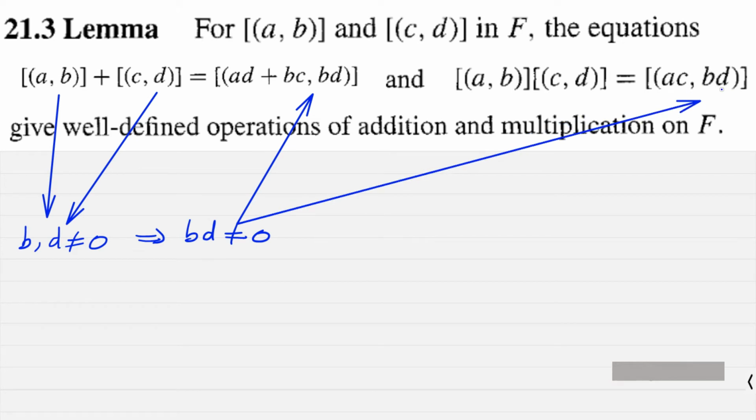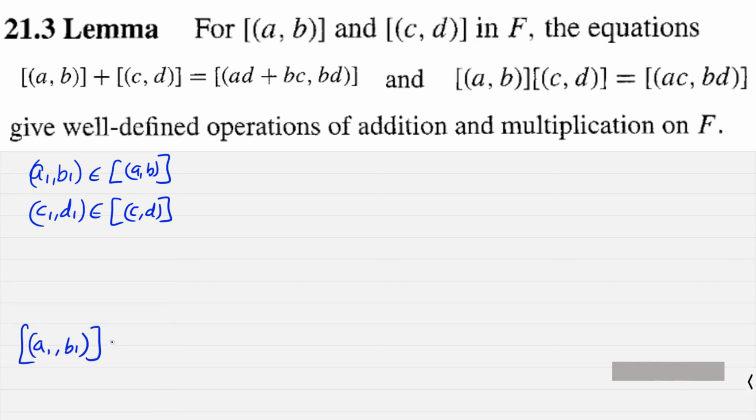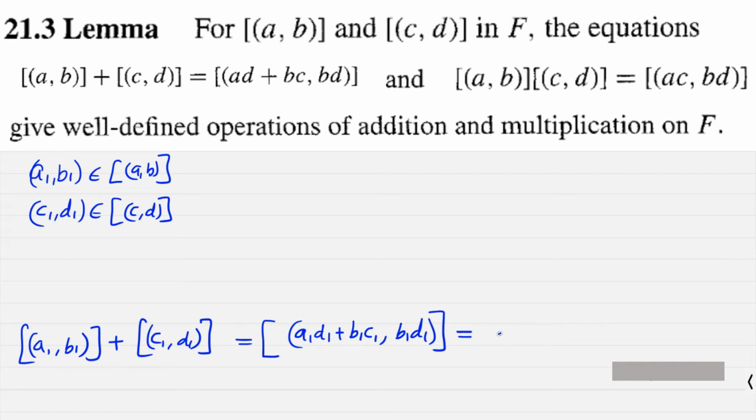Now, let us prove that these operations are well defined. For that, we start with two elements from the corresponding equivalence classes. That is, let (a1, b1) be an element of the equivalence class of (a, b) and (c1, d1) be an element of the equivalence class of (c, d). So we need to prove that the sum of the equivalence class of (a1, b1) and the equivalence class of (c1, d1), which is the equivalence class of (a1d1 + b1c1, b1d1), must be the same as the equivalence class of (ad + bc, bd).